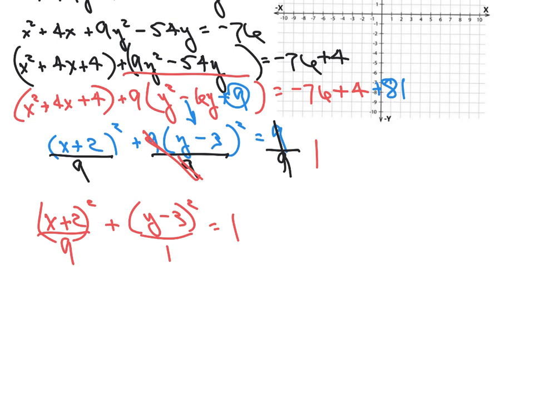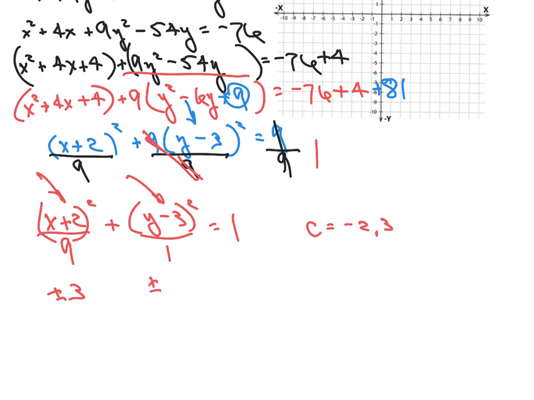Because my center is going to be negative 2, 3, right? The opposite of this, negative 2, 3. And the ends of my ellipse are going to be on the x-axis, plus or minus 3, because the square root of 9 is plus or minus 3.